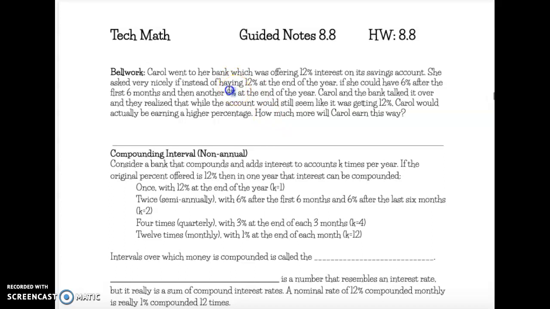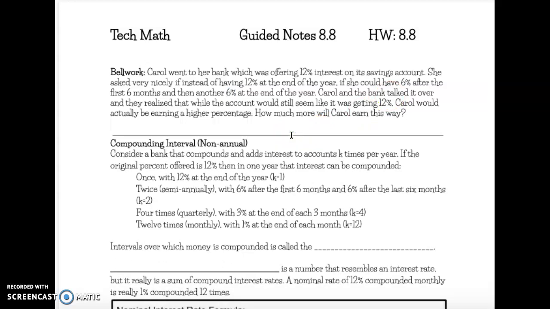So because she gets 6% halfway through, she then gets her second 6% on the original 6%. So instead of just making 12% on what she put in, she will actually be making 6% on what she put in and 6% on what the bank put in. So she's actually kind of getting a little extra money, and that's why they decided not to give her that.